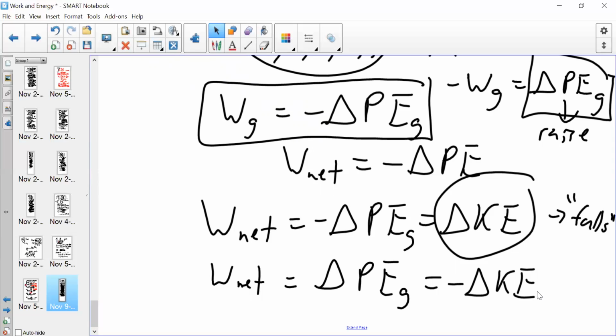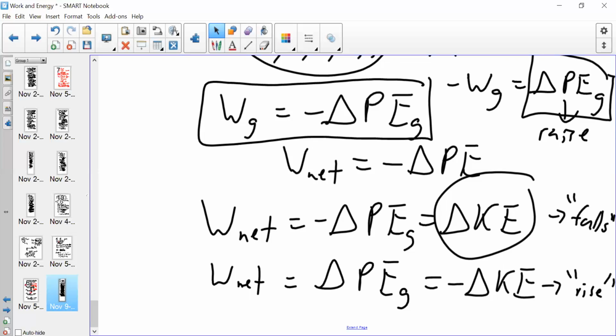That goes back to one-dimensional kinematics. Zero velocity minus some other velocity is going to be a negative change. 0 minus 5, 0 minus 10, 0 minus anything is negative. So this is rising in the air. That's why they're equal.